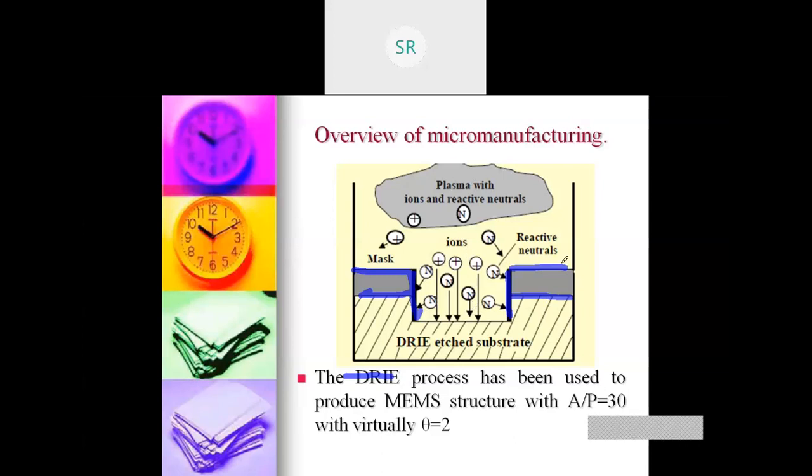The reactive neutrals bombard the side wall. At the same time, they bombard the normal surface, and the charged ions bombard the normal surface. As a result of the high energy of the ions, local evaporation happens, and the normal substrate is removed.